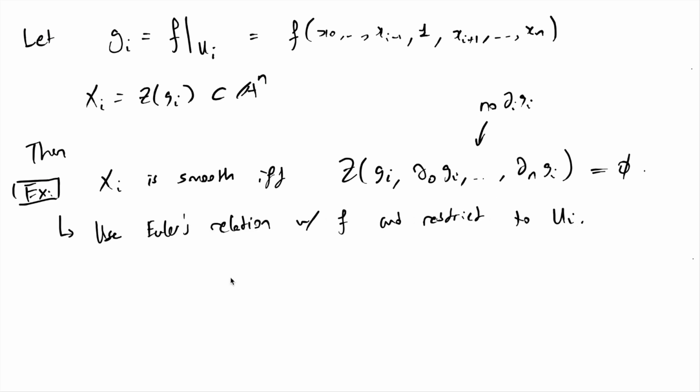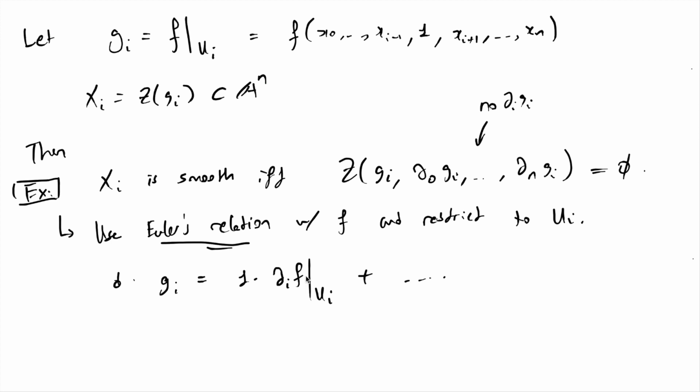So what happens is that you'll get d times g_i, when you restrict this Euler's relation from upstairs, you will get 1 times the i-th derivative of f, again restricted to U_i, plus a combination of these other derivatives.